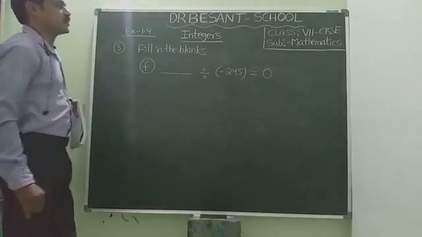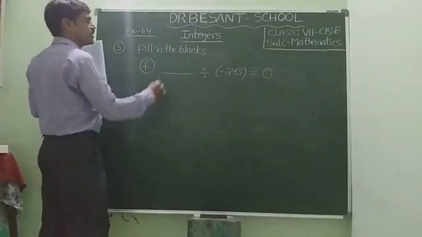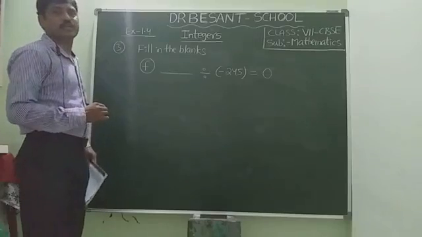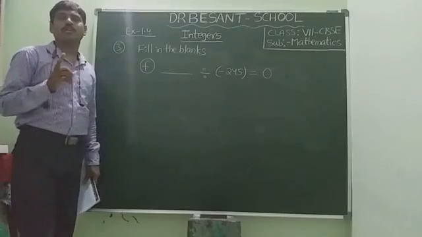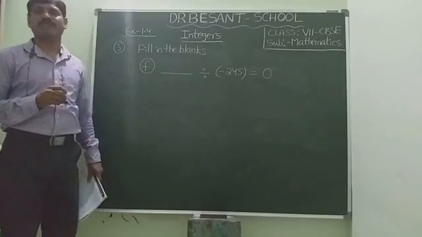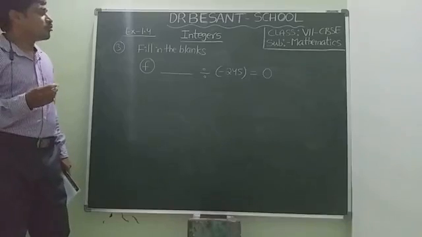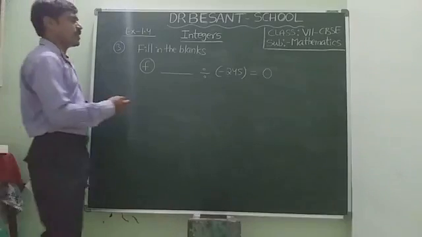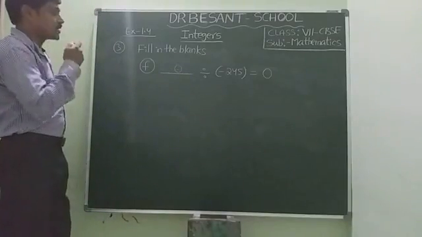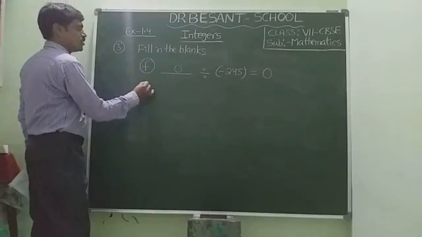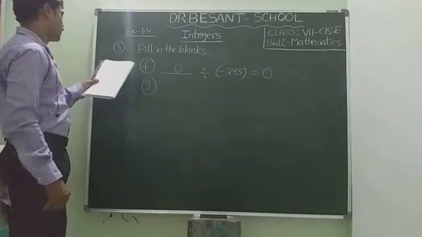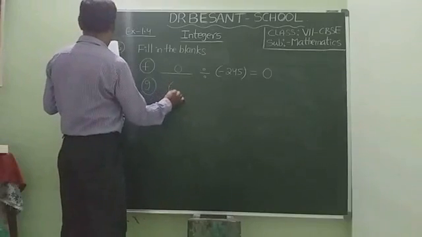Dash divided by minus 245, that means, see, 0 by minus 2, 0; 0 by 1, 0; 0 by 2, 0; 0 by 3, 0; 0 by 4, 0. So what we can say is that 0 divided by minus 245 is equal to 0. So the result is what? Here 0.